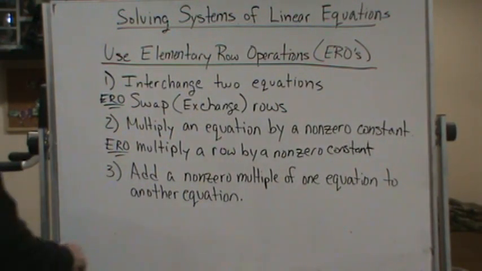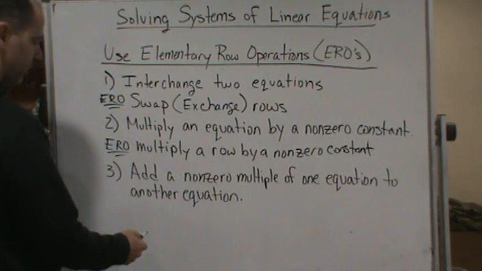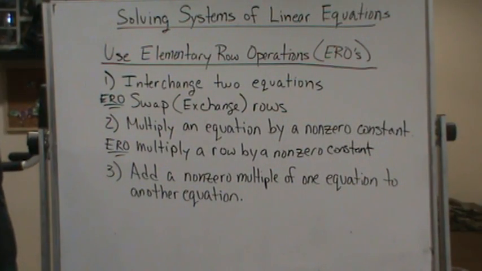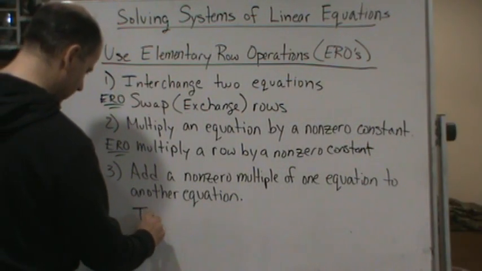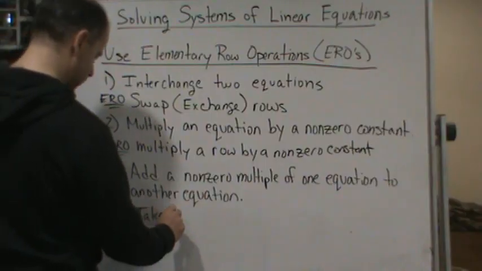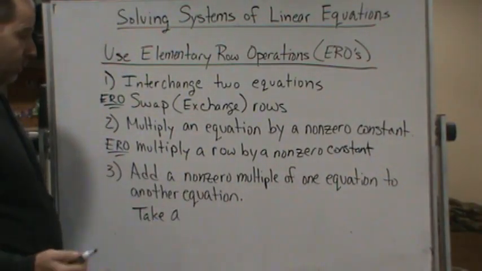And finally, the elementary row operation that corresponds to number 3 here is that we can take a multiple of one row and add it to another row. Again, we're assuming non-zero constants.